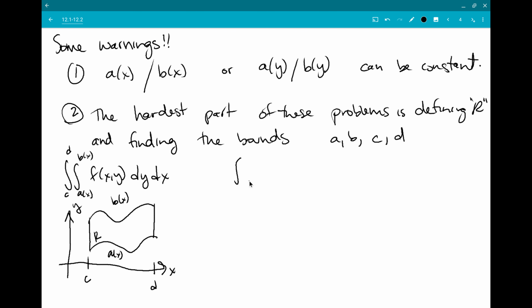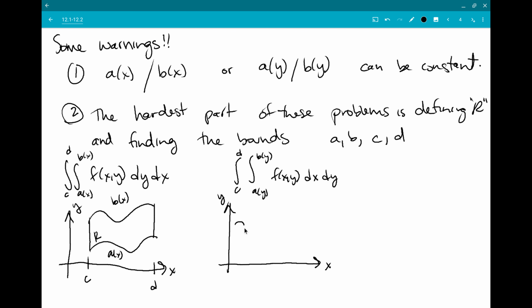The other way this will look for you is the f of xy, where you integrate with respect to x first and then with respect to y. So here's our xy plane again.